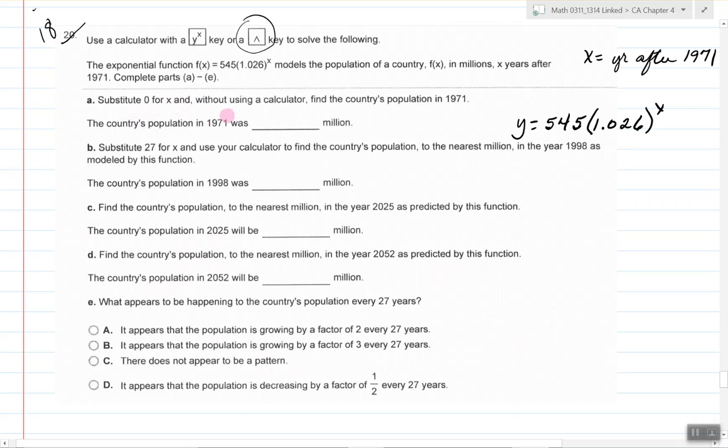It says without using the calculator, and find the country's population in 1971. When x is 0, you are 0 years after 1971. Now I'm going to do it with my table, but I want to show you. If x is 0, any base to the 0 power is 1, and 1 times 545 had better be 545. 545 million in 1971.